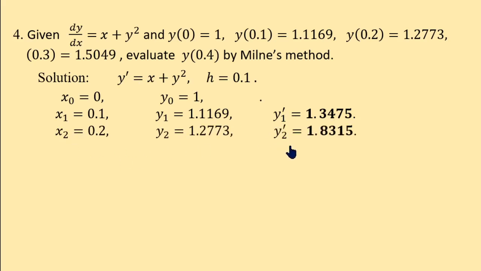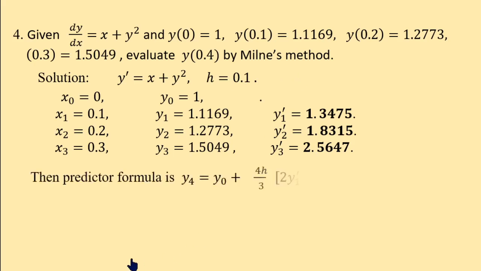Similarly, y2 dash is 0.2 plus 1.2773 whole square, that is 1.8315. Similarly, y3 dash is 0.3 plus 1.5049 square, that is 2.5647.